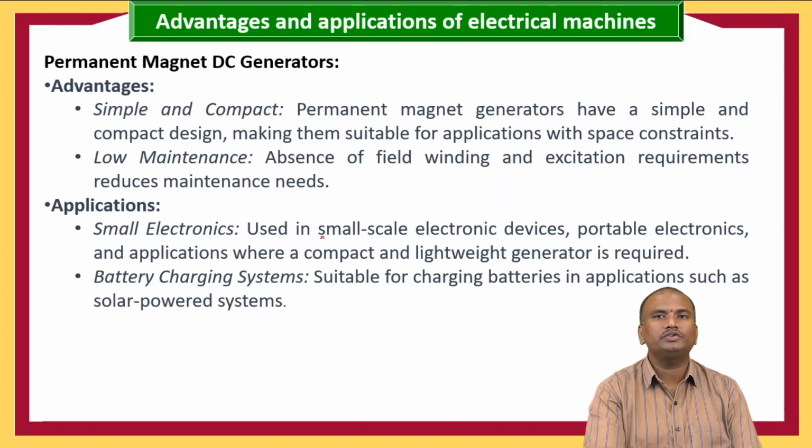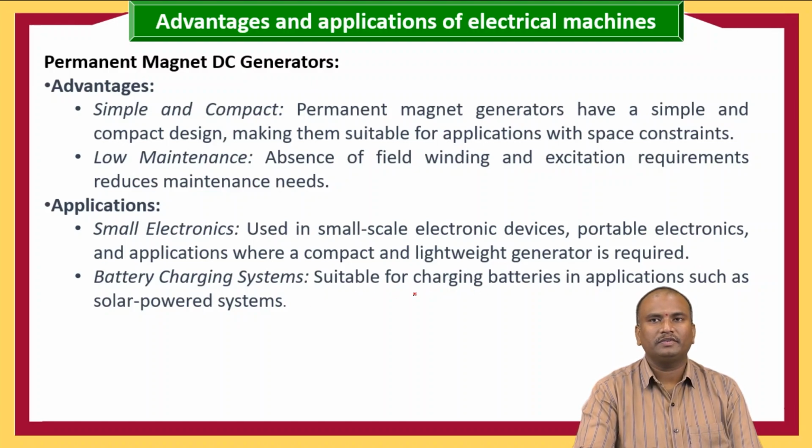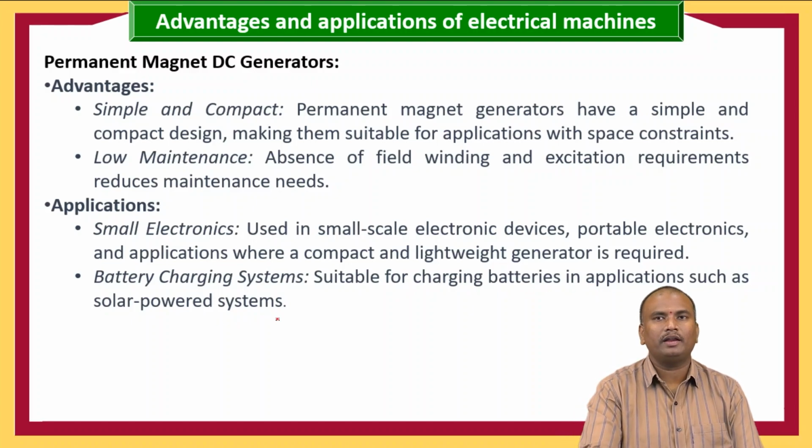And these PMDC generators are going to be used in small scale electronic devices, portable electronics and applications where a compact and lightweight generator is required. The battery charging system, which is suitable for charging batteries in applications such as solar powered.